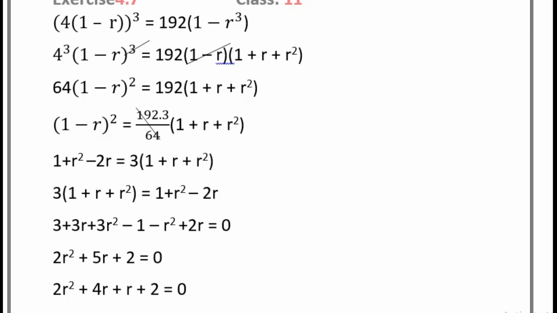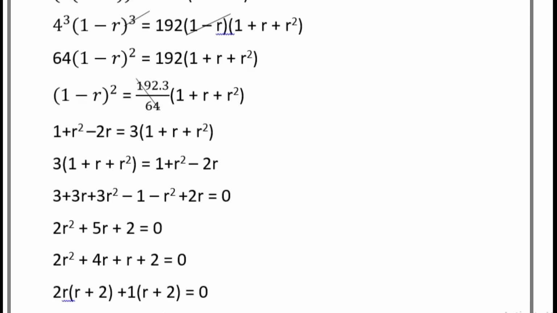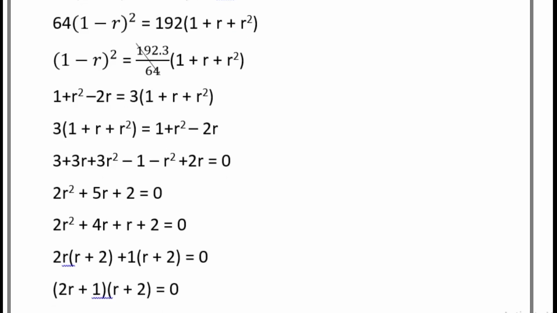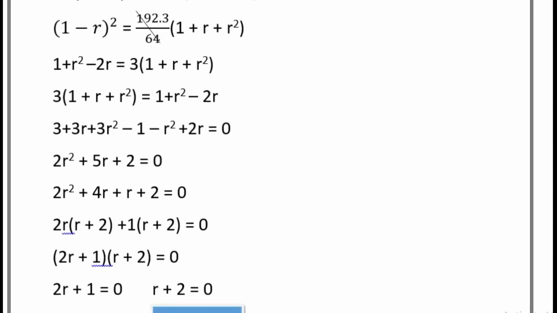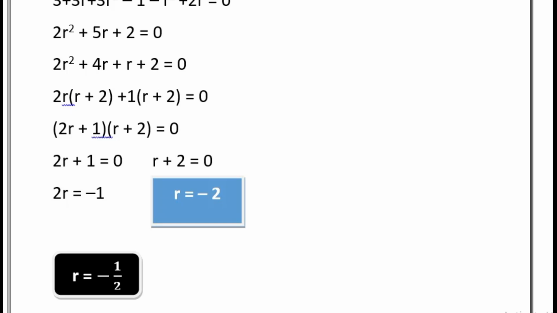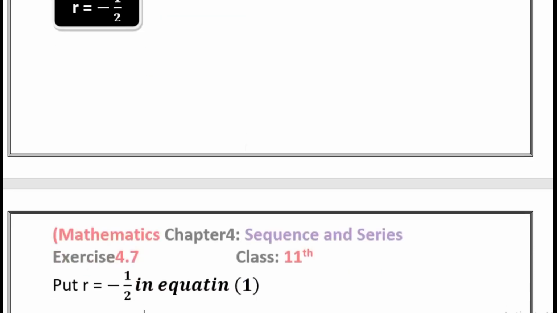Taking common 2r into (r plus 2) plus 1 into (r plus 2) is equal to 0. So 2r plus 1 into r plus 2 is equal to 0. So 2r plus 1 is equal to 0 and r plus 2 is equal to 0. 2r is equal to minus 1, r is equal to minus 1 divided by 2. Next, r plus 2 is equal to 0, r is equal to minus 2.